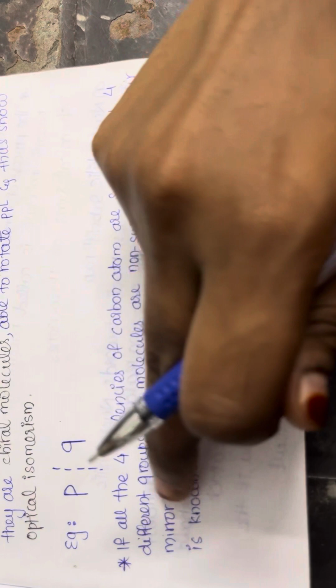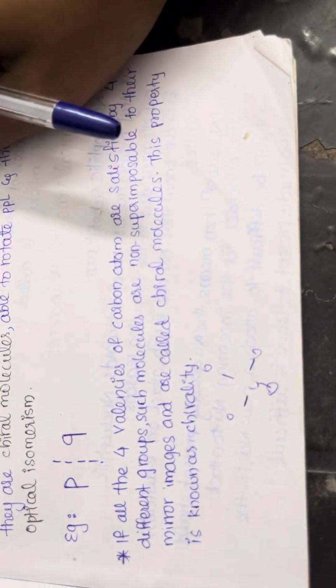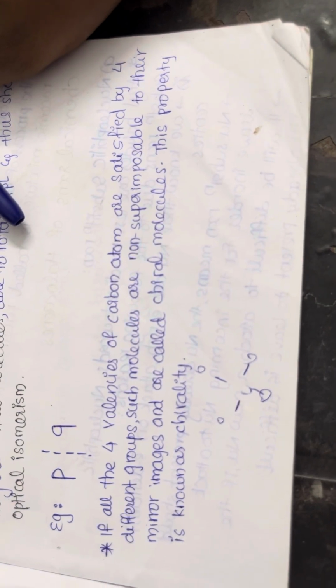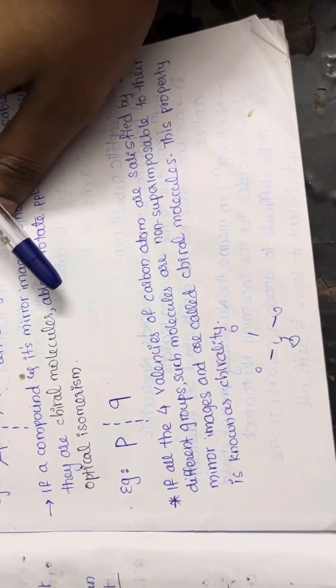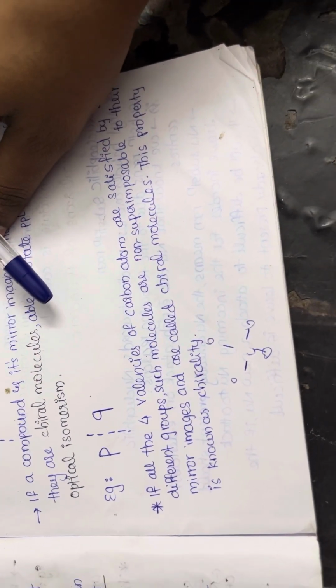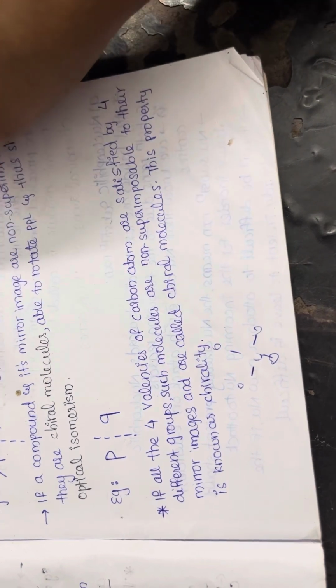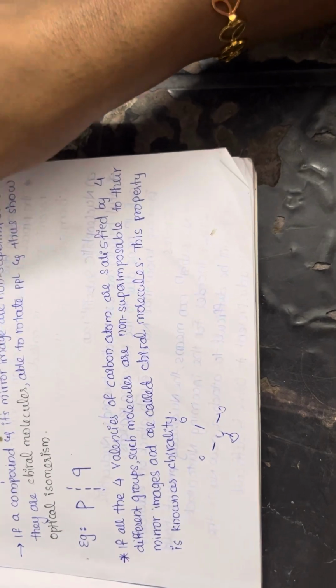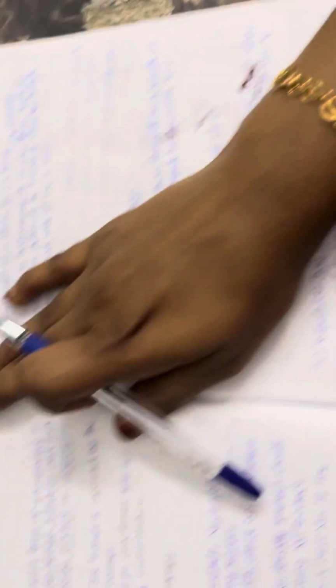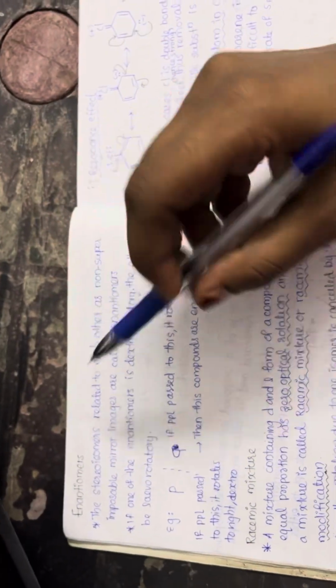They will show optical isomerism, and this property is called chirality. Chirality means all four valencies of carbon are satisfied by different atoms or groups. So if there is chirality, optical isomerism will be shown.